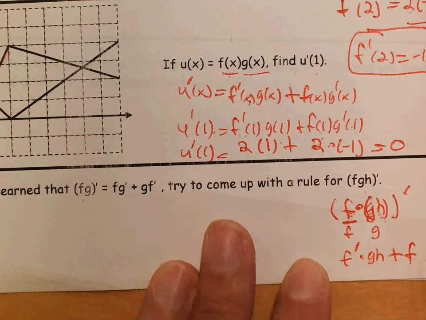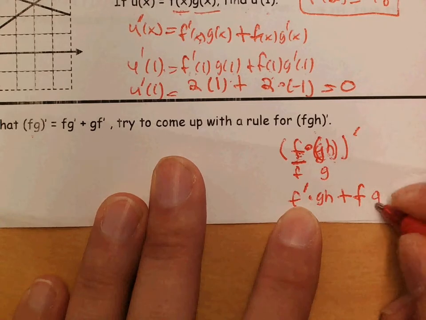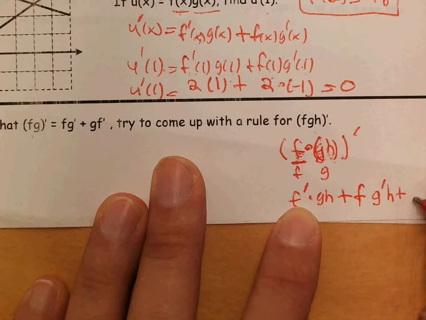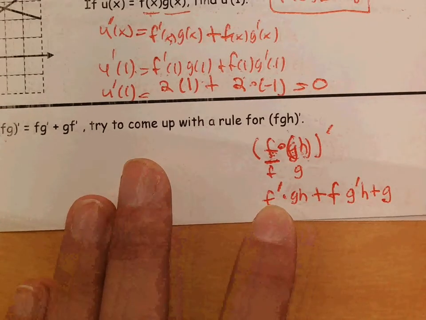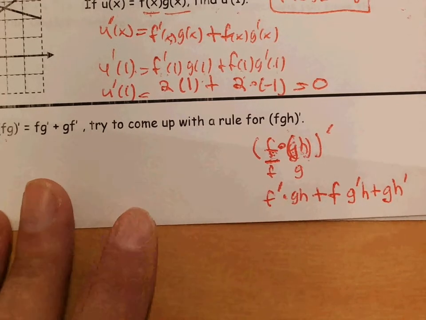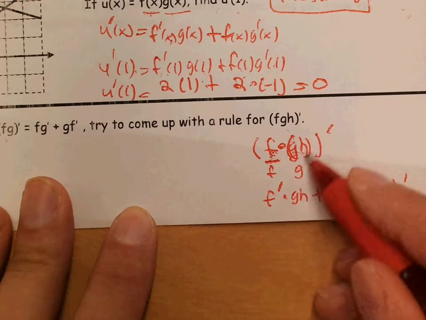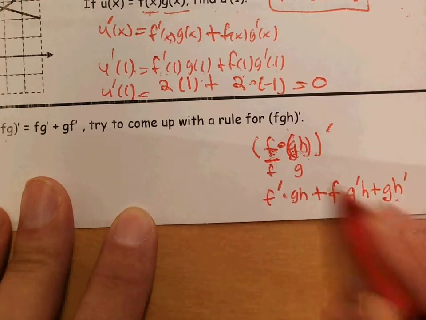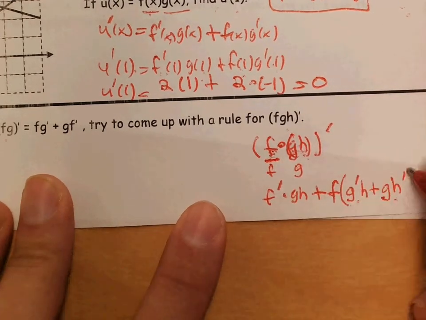Well, to do the derivative of the second part, we have to use the product rule. The product rule is the derivative of the first times the second plus leave the first alone and do the derivative of the second. And I've made a mistake here on purpose that I hope you caught, which is that when I did the derivative of this, I ended up with a sum. But this sum is all being multiplied by f.